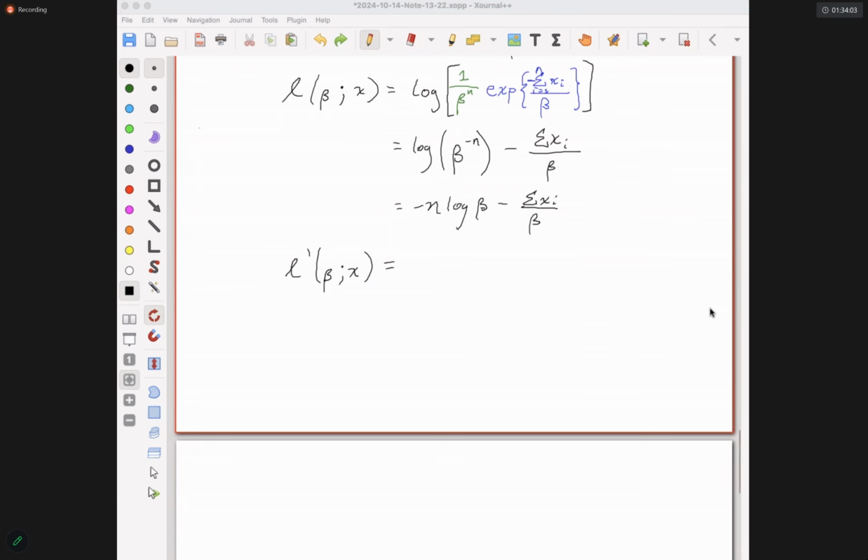We were talking about the derivative of log before, so if we have d dx of log of x, this is 1 over x. If it's some function u, this is u prime over u. So then what is this derivative?